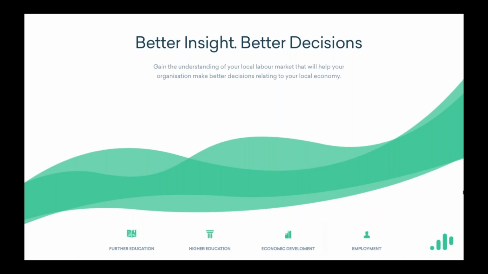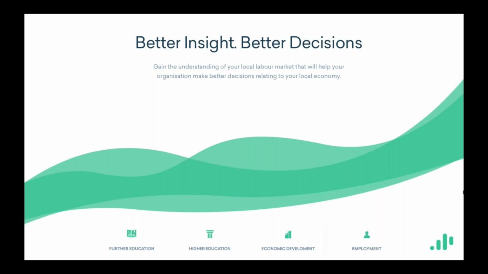We have on the one side structural data that comes from the big government surveys, labour force survey, BRES, etc. And we combine that with other big surveys like Working Futures, and all of those. What we have done is create a taxonomy so that they're interoperable. So all of these data sets can talk to each other.